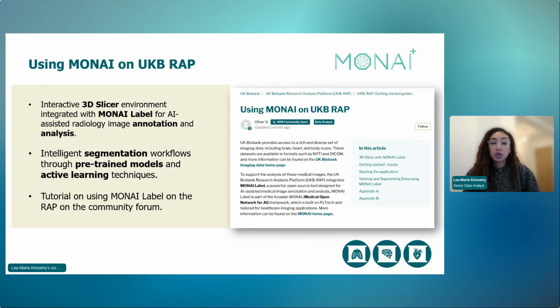Launching it is similar to 3D Slicer, where you can access it from your tools library. In addition to 3D Slicer, it gives you intelligent segmentation workflows with the pre-trained models already provided by MONAI. On the community forum, you can also find a step-by-step tutorial that walks you through using MONAI on the app.